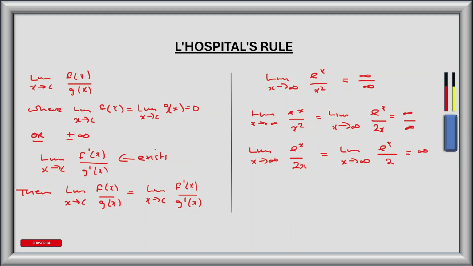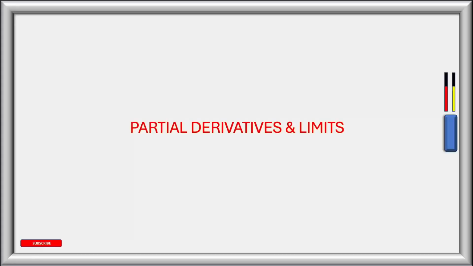So as you can see, we can apply L'Hopital's rule multiple times to evaluate our limit. Other indeterminate forms that L'Hopital's rule might be able to help with are as follows: 0 times infinity, 1 to the power of infinity, 0 to the power of 0, infinity to the power of 0, and infinity minus infinity.